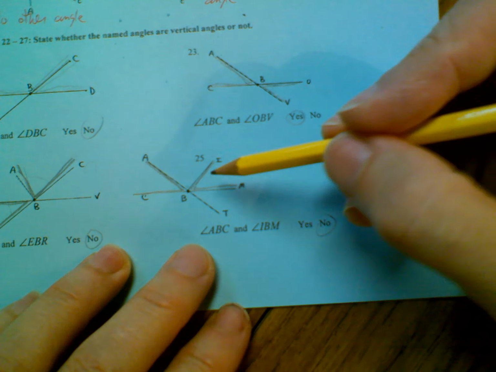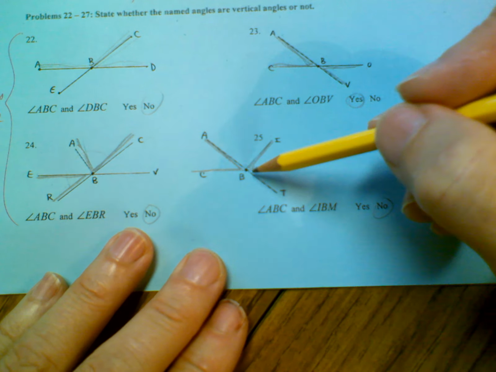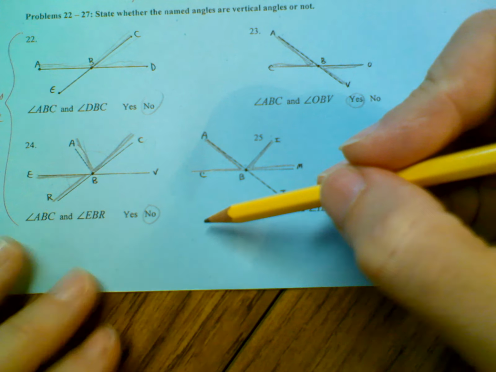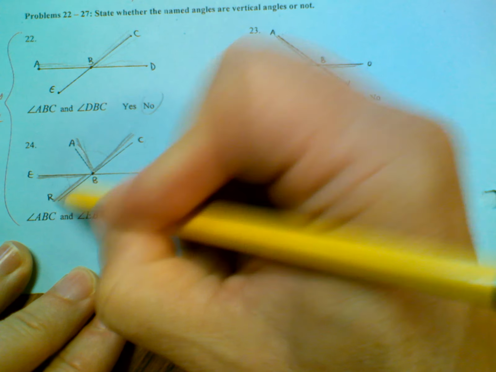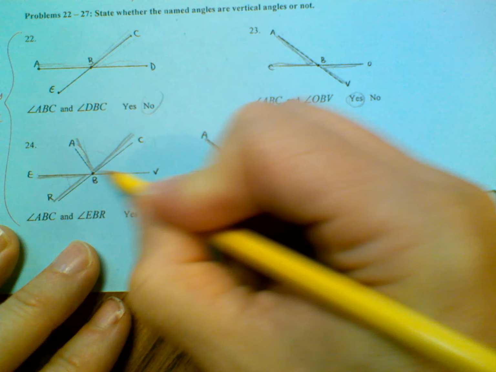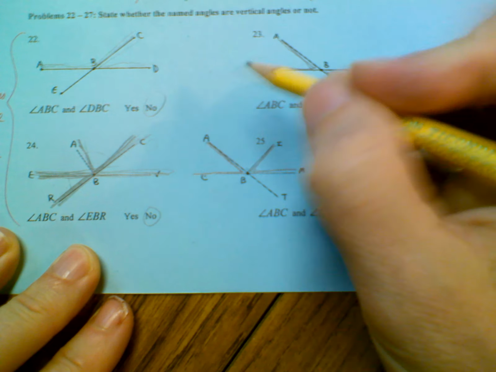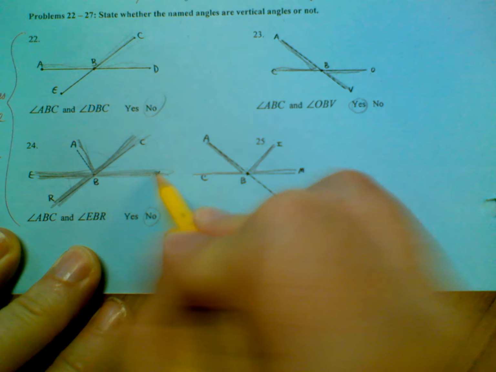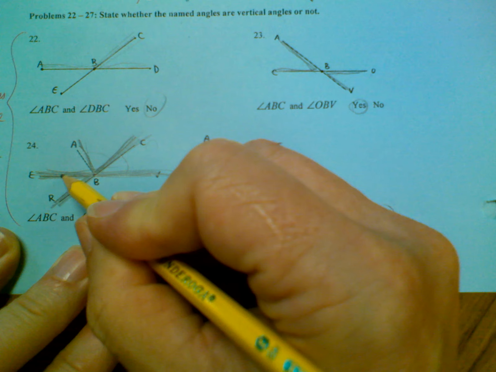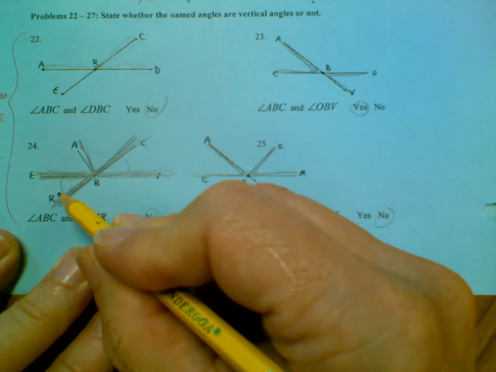Now, there are vertical angle pairs in these 2 diagrams. They're just not the ones that I named. Like EBR would be a vertical angle partner with CBV, right? Because there's one line and there's a second line, and those 2 lines form this angle and this angle here. So there's a vertical angle pair right there.